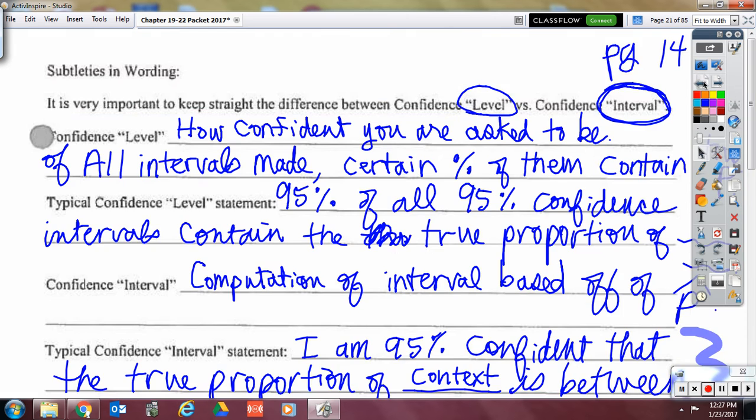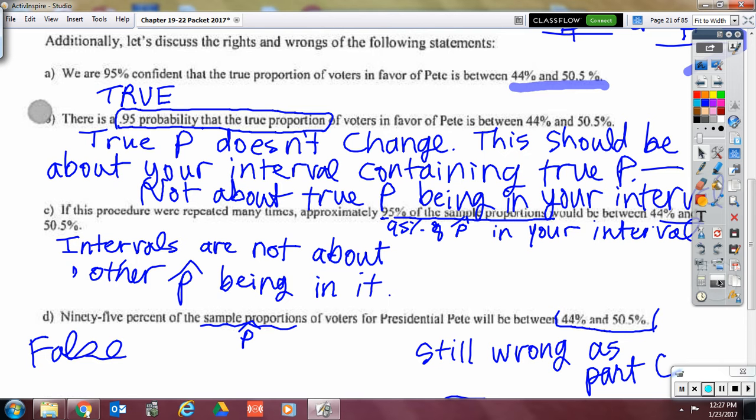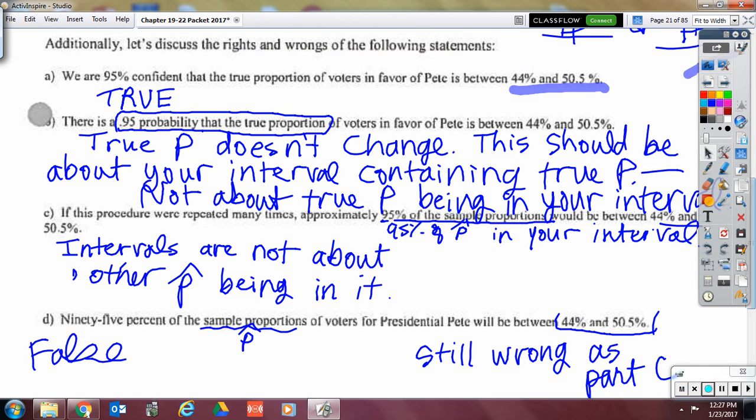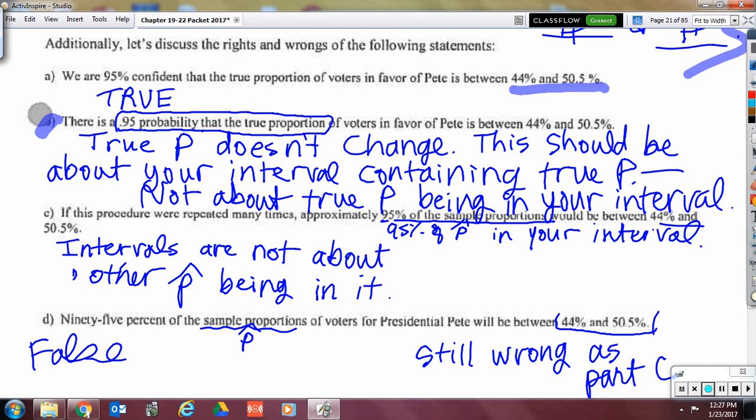So essentially, the thing that we have to say is this. Here's where we are. True P doesn't change. That's what that statement gets wrong.